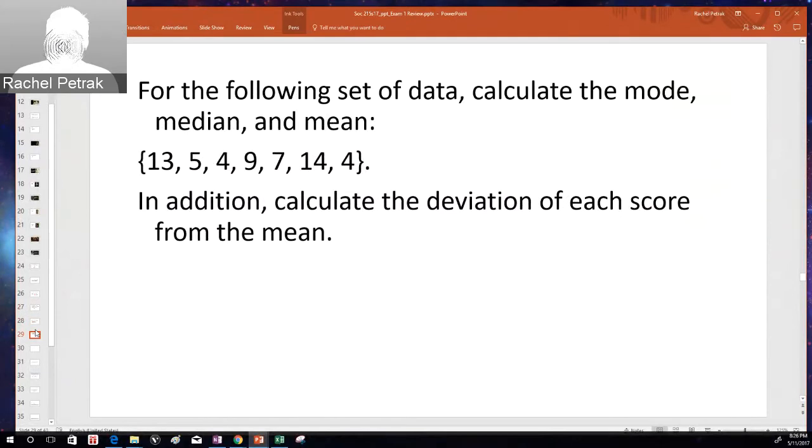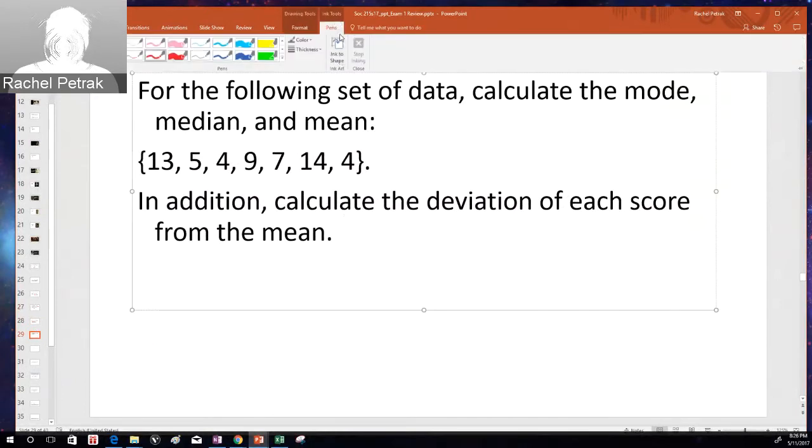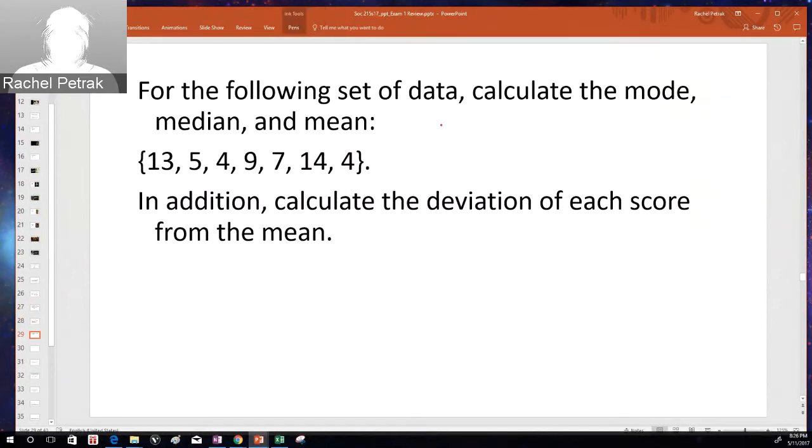Now we've got a set of data, and we're going to find the mode, median, and the mean. The easiest way to start this out is to put the data in order, because you need to have them in order to get the median.